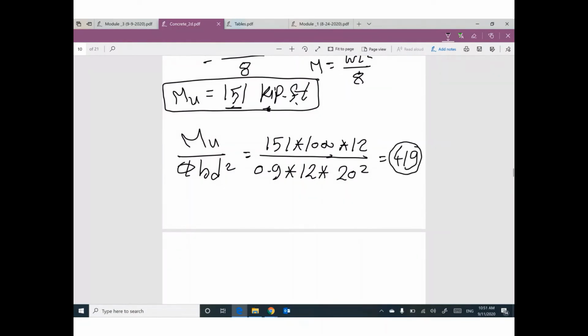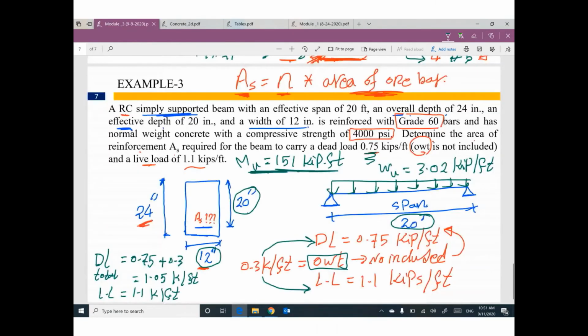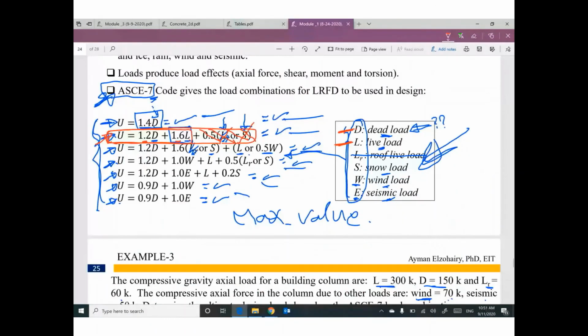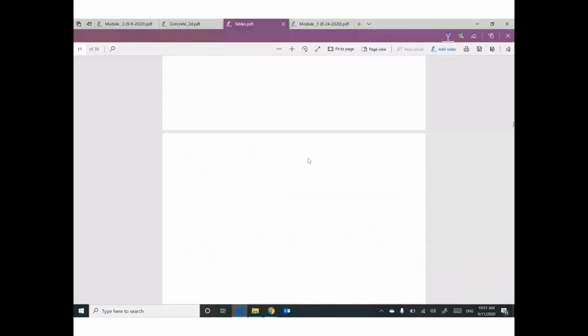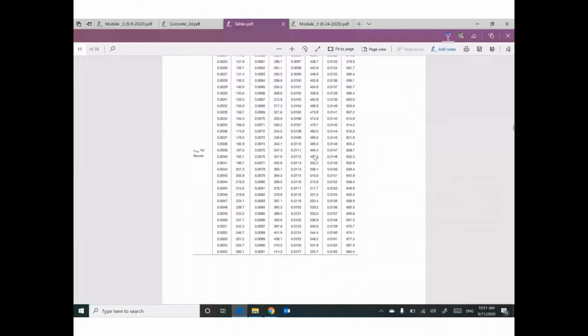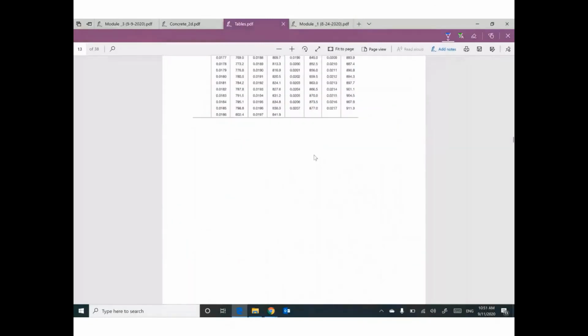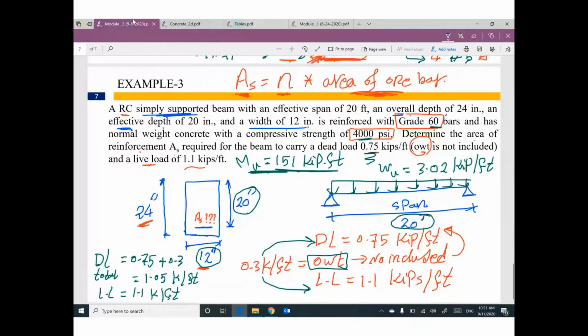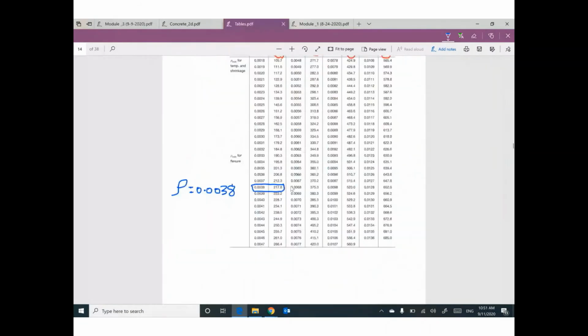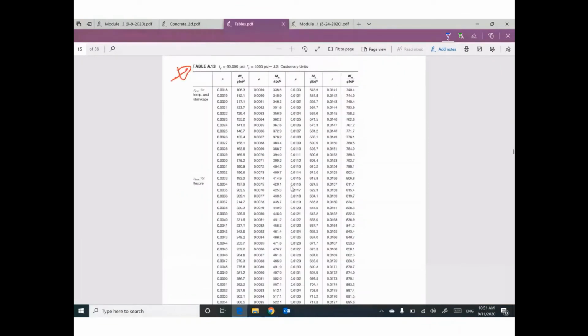Open a table. And remember, you are in steel grade 60. F prime C is 4,000. Here is the table. 60,000 and F prime C is 4,000. So I need to go to another table. Here you go, this one. 4,000, 60,000.